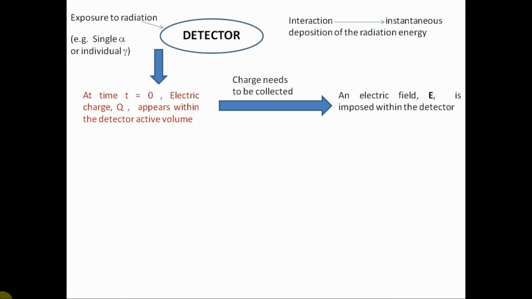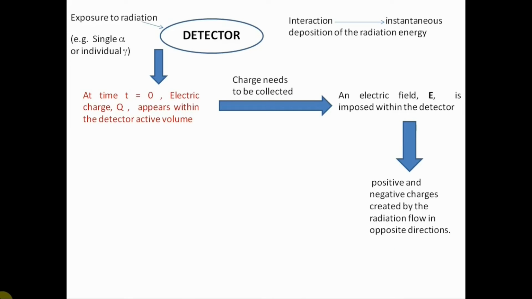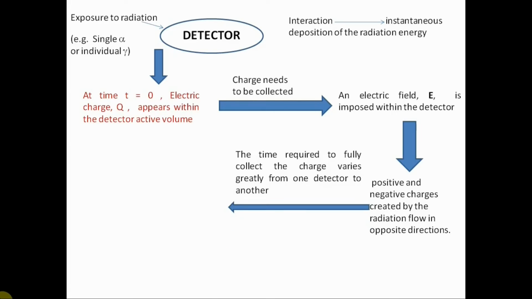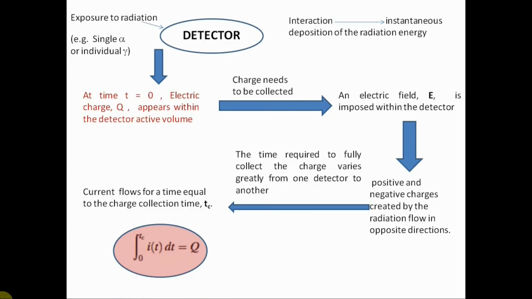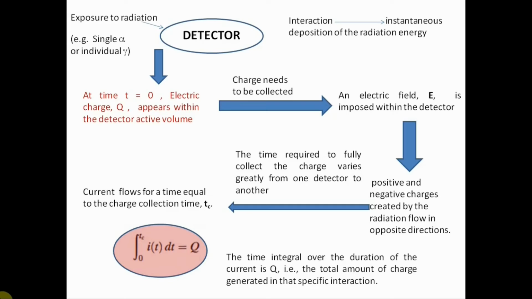So for this, an electric field E is imposed within the detector, and as a result, positive and negative charges created by the radiation will flow in opposite directions. The time required to fully collect the charge varies greatly from one detector to another, and this flow of positive and negative charges constitutes the current which flows for a time equal to the charge collection time, which is Tc. And this time integral over the duration of current is Q, that is the total amount of charge generated in that specific interaction.